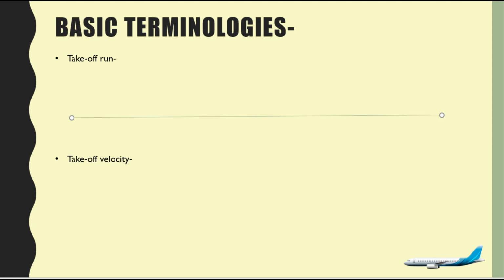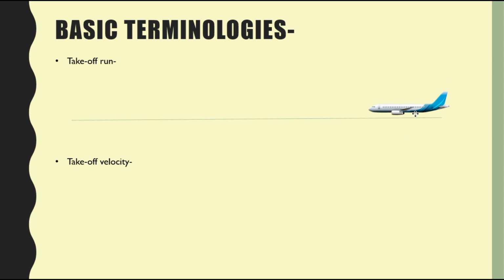This is our ground, and on that ground I am having my plane. The plane is right on the ground, that is on the runway. Let's suppose this ground is our runway, and the plane is on the ground right now.